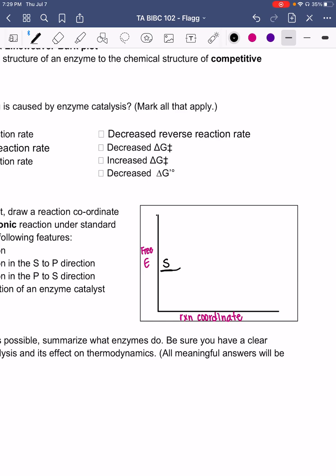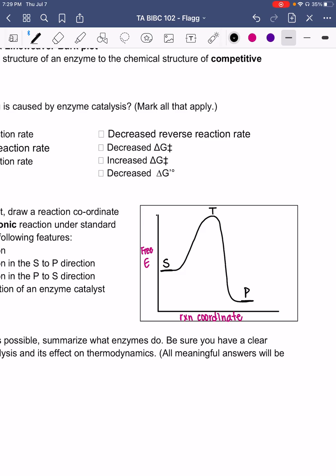So substrate going up, the activation energy to the transition state, and all the way down to the product. This is where our product ground state would be. This is our transition state, T for transition state.